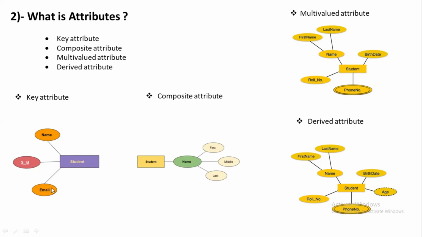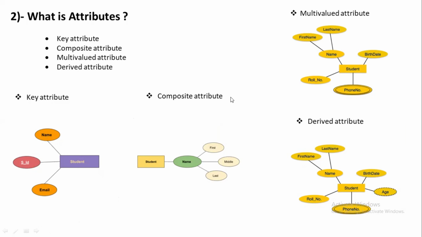This is a key attribute or simple attribute. The key attribute is represented by an oval shape, same as other attributes. However, the text of the key attribute is underlined. The given diagram shows student ID as the key attribute. The entity is student. The attributes are name, SID, and email.